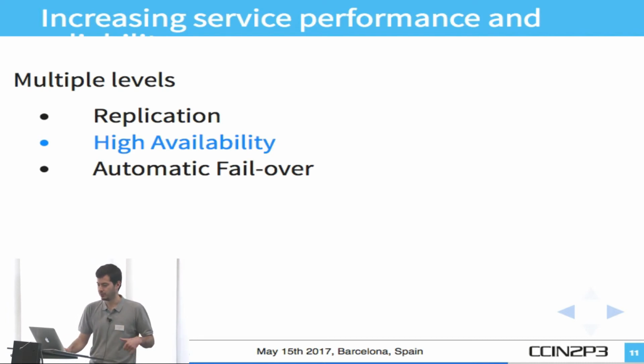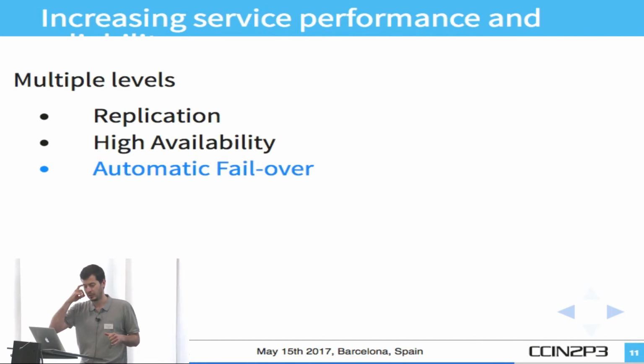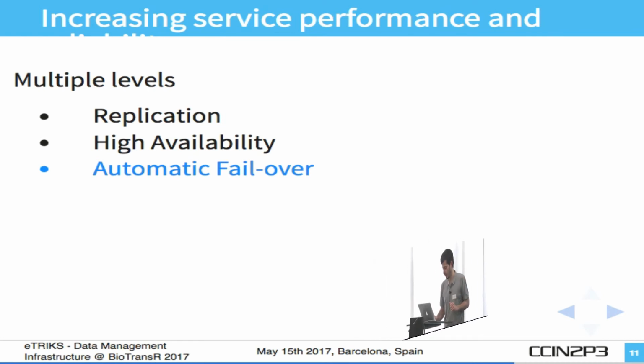And then, if it's very critical, you add automatic failover or self-healing mechanisms, so that without the sysadmin doing anything, it automatically heals the failing parts. It automatically redirects the requests and so on. So that's very handy for us because we don't have to do anything, and we like that.